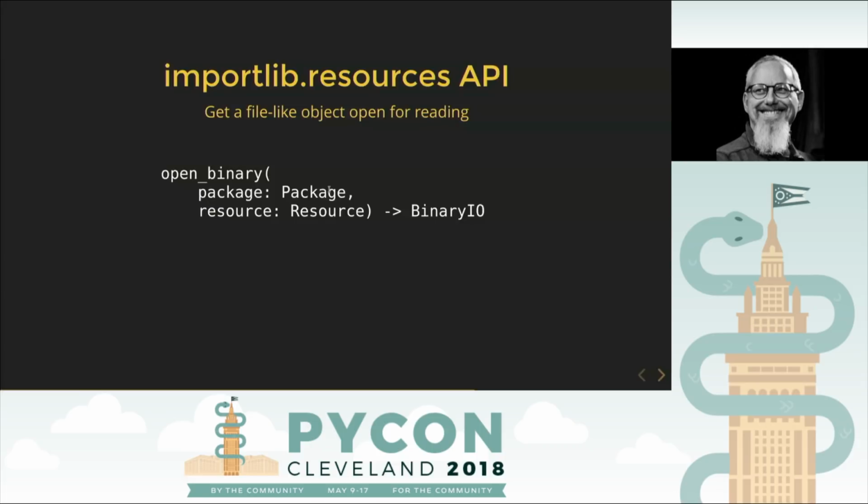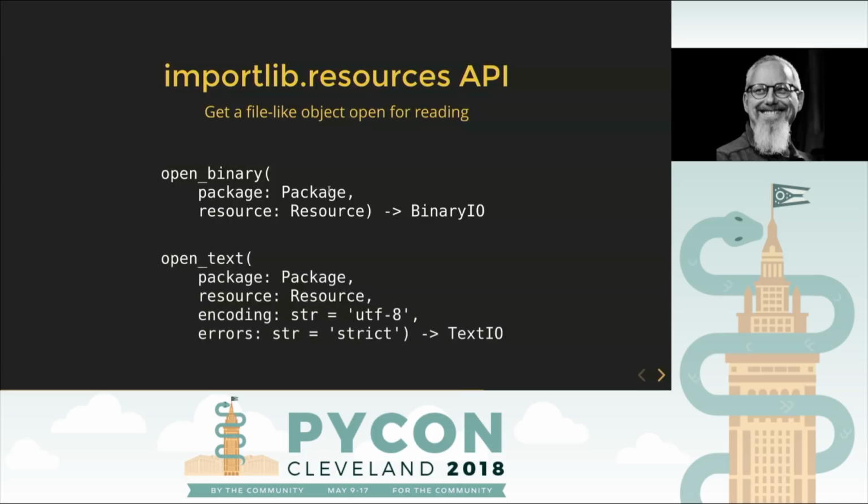This is the type annotation way of describing what gets returned, but you pass in a package and a resource, and it returns you an object that you can use in a with statement, right? So just like built-in open, you use with open binary, you read as many bytes out of it as you want, and then as soon as the with statement or the context manager exits, it closes that file handler.